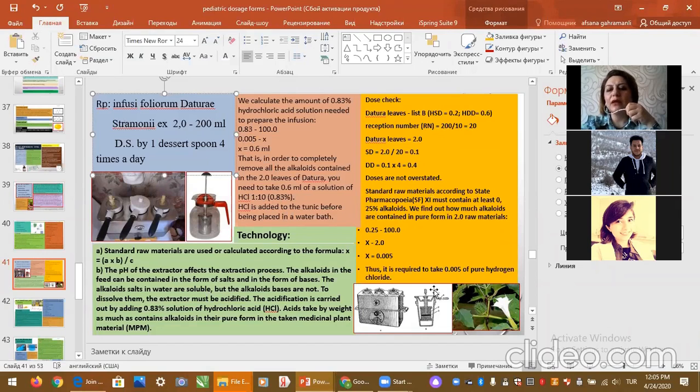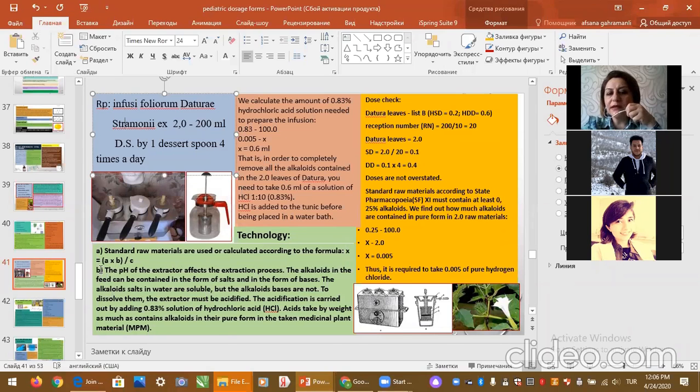After calculating, we see that it's required to take 0.005 of pure alkaloid for the infusion from this raw material. Technology steps. At first, the standard raw materials are calculated according to the formula X equals A multiplied by B divided by C. Please repeat this, because I gave this information to you.